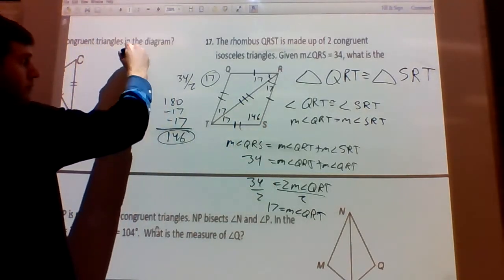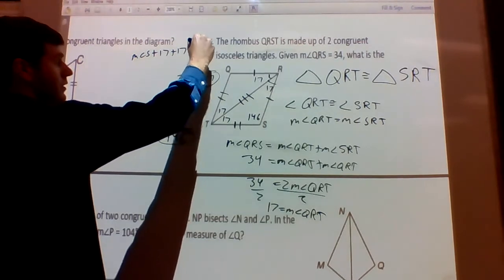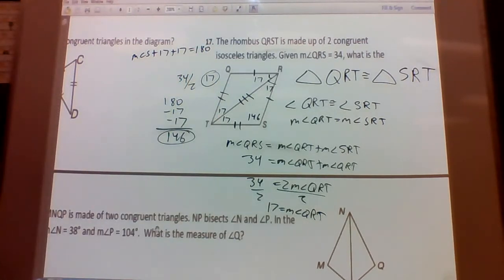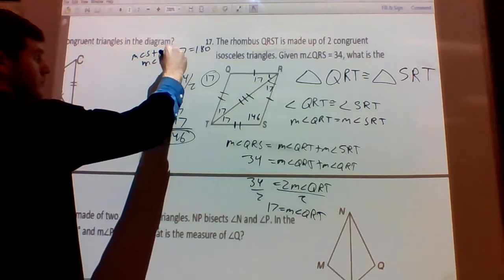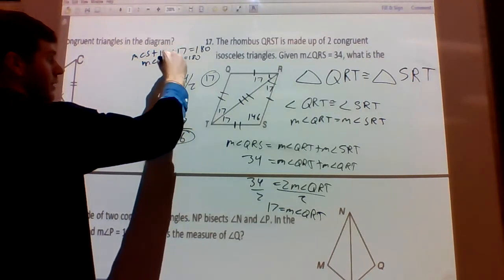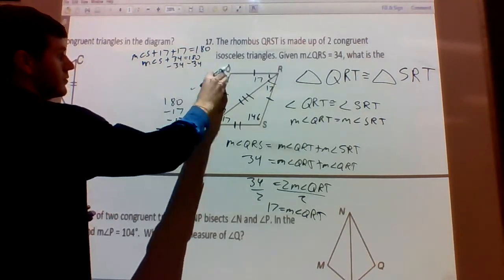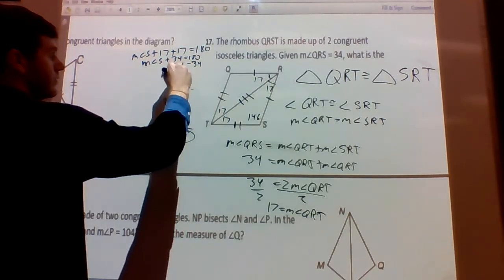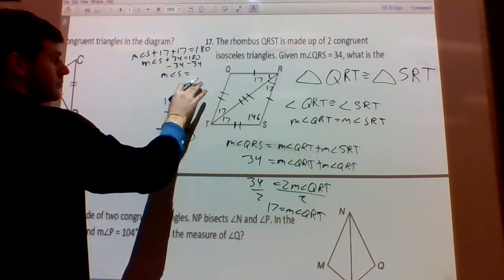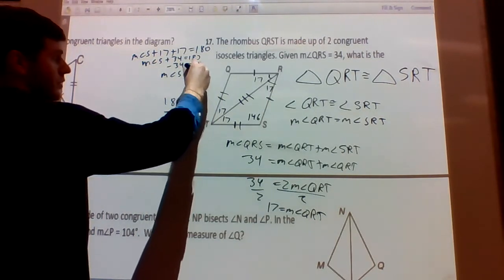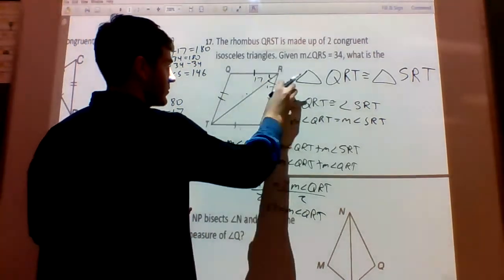The other way again: measure of angle S plus 34 equals 180, minus 34, minus 34. The measure of angle S is 146. Okay, simple.